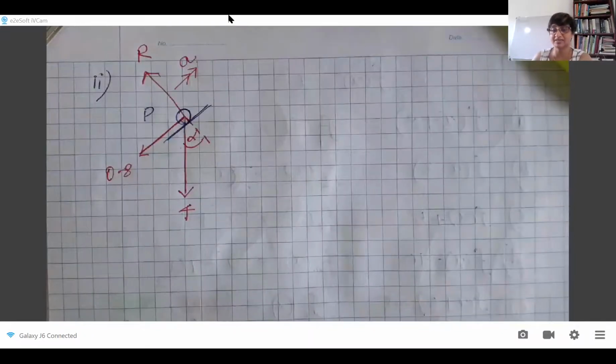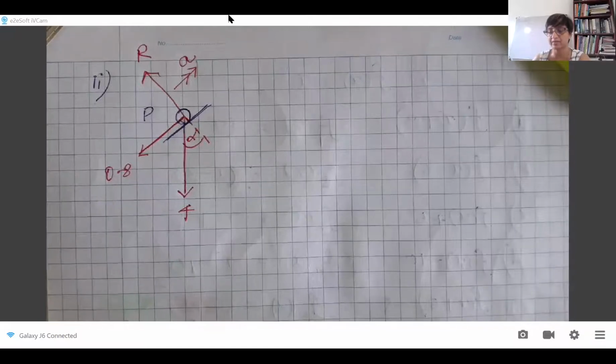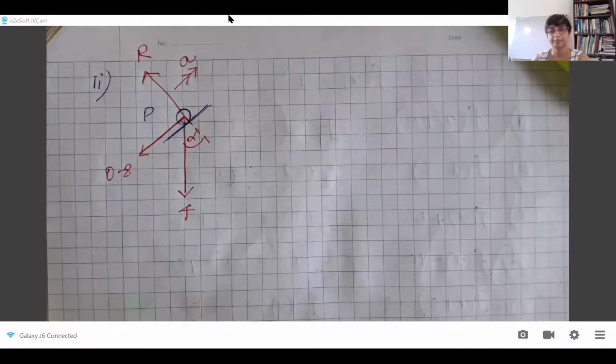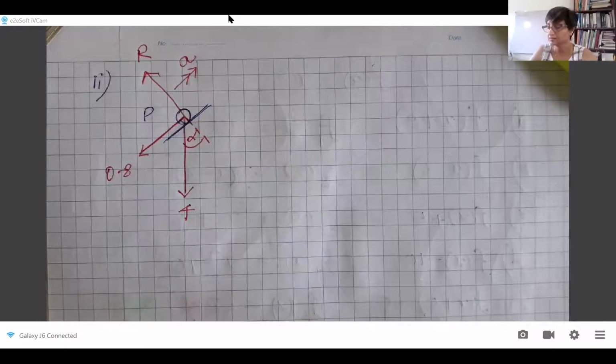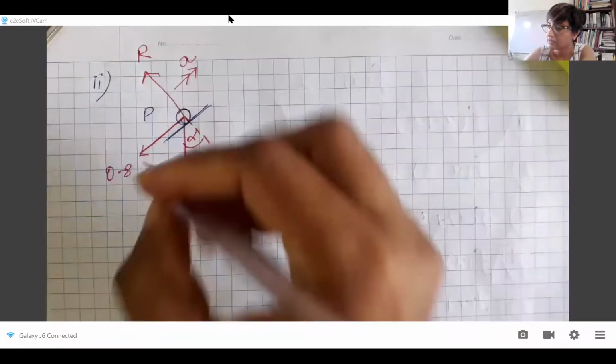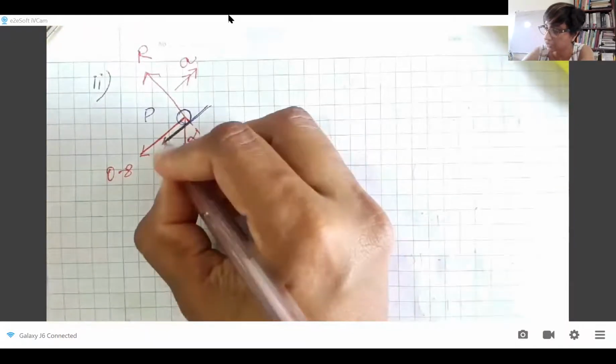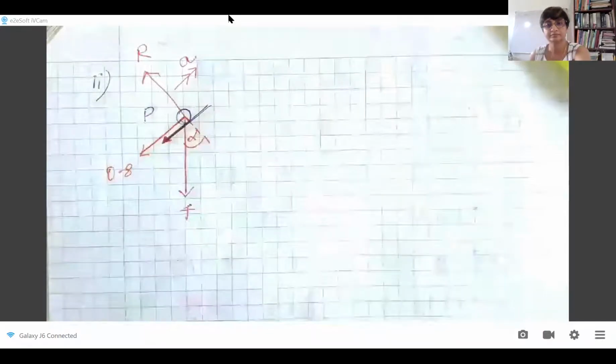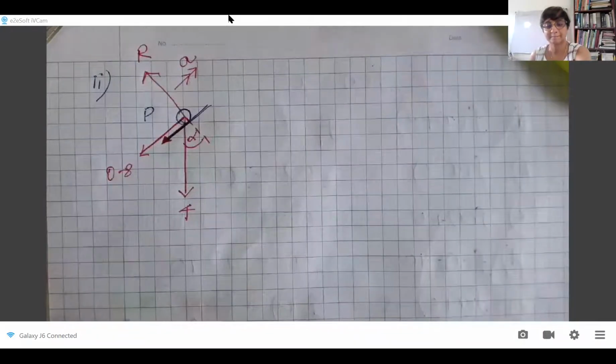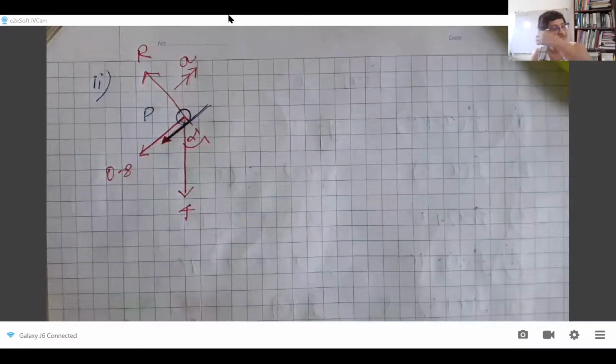Then if it is accelerating up the slope, my friction would be in what direction? Nathan, friction would be in what direction? And is it maximum friction or some other smaller friction than that? It's accelerating upwards, and there's a force acting downwards. Is it max or? No, it's not max. How do we know it, Nathan? Okay, let me correct you.